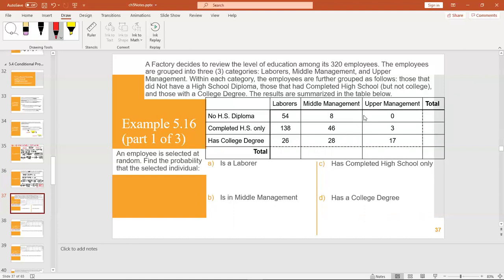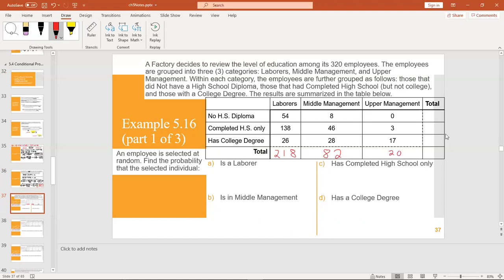So if I add down here, 54 plus 138 plus 26, that is going to give me 218 laborers. Then for the middle management, we're going to have 8 plus 46 plus 28. If we add those up, we get 82. And then for upper management, 0 plus 3 plus 17, that is 20.